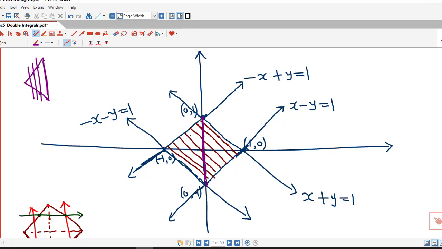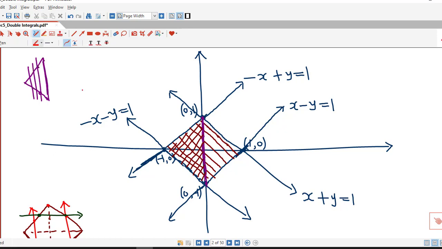So we make the partition at this point. Now we have divided our region into two sub-regions. This is one region, this region is R1 and this is R2.